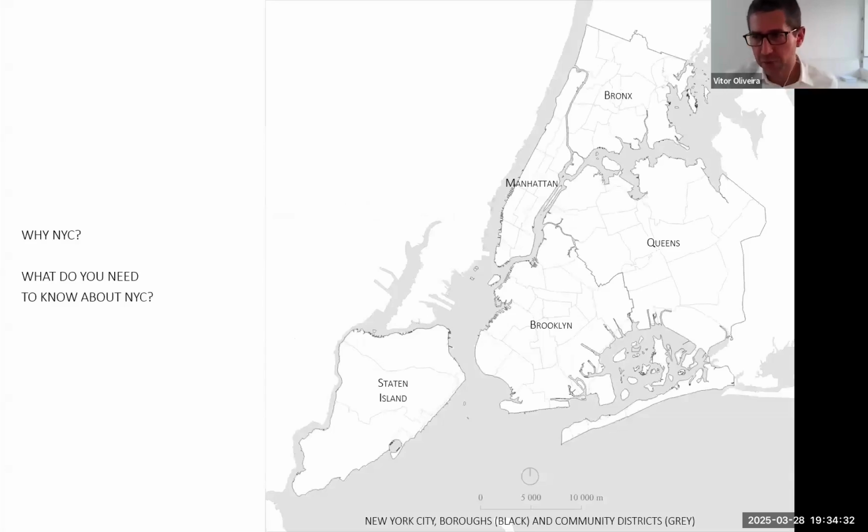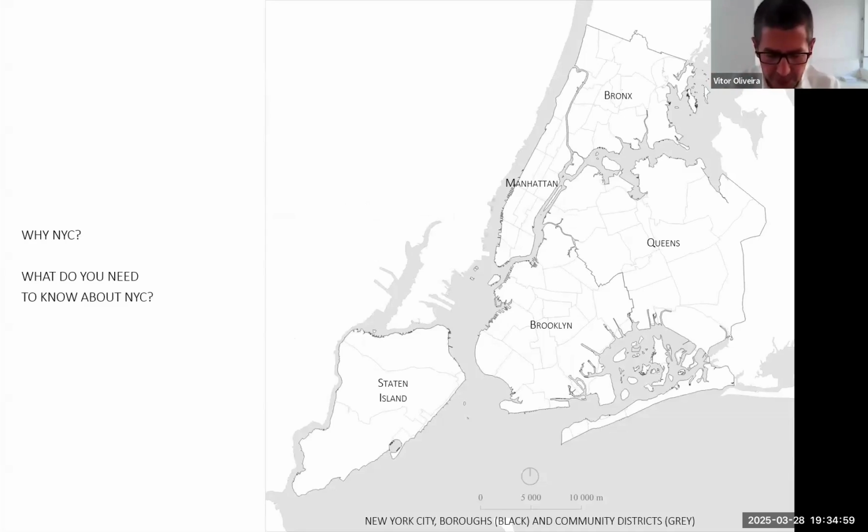So I use New York to explore these arguments, and contrary to other case studies that sometimes we select based on preferences, where it could be this city or it could be another city, in this case, it had to be New York. Why?